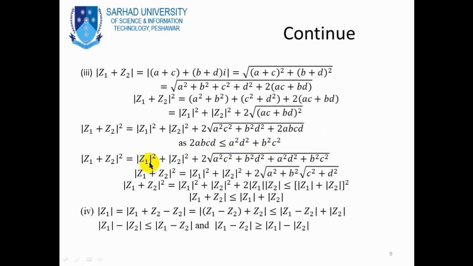So the right hand side can be written as z1 magnitude square plus z2 magnitude square plus 2 into the square root of a square c square plus b square d square plus a square d square plus b square c square. So this is equal to z1 magnitude square plus z2 magnitude square plus 2 into the square root of (a square plus b square) into the square root of (c square plus d square). So this is equal to z1 magnitude square plus z2 magnitude square plus 2 into z1 magnitude into z2 magnitude, which is less than or equal to (z1 magnitude plus z2 magnitude) whole square.